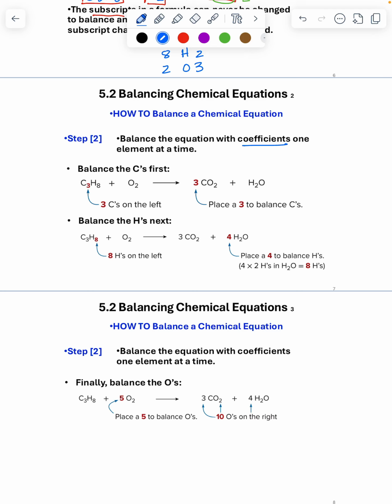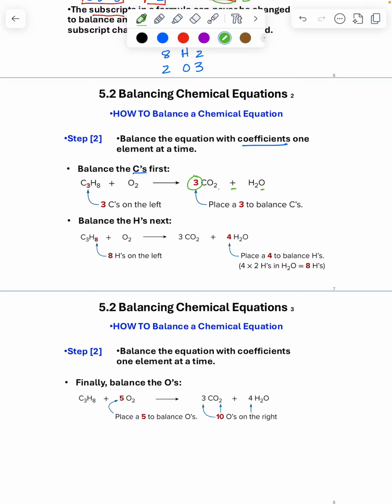And so this suggests that you should balance your carbons first. And so on the reactant side, we had 3 carbons. On the product side, we just had 1. So we put a coefficient of 3 in front of the CO2. And by doing that, it makes 3 carbon. It also changes the oxygen to 3 times 2, which is 6, plus 1 more over here, so a total of 7.